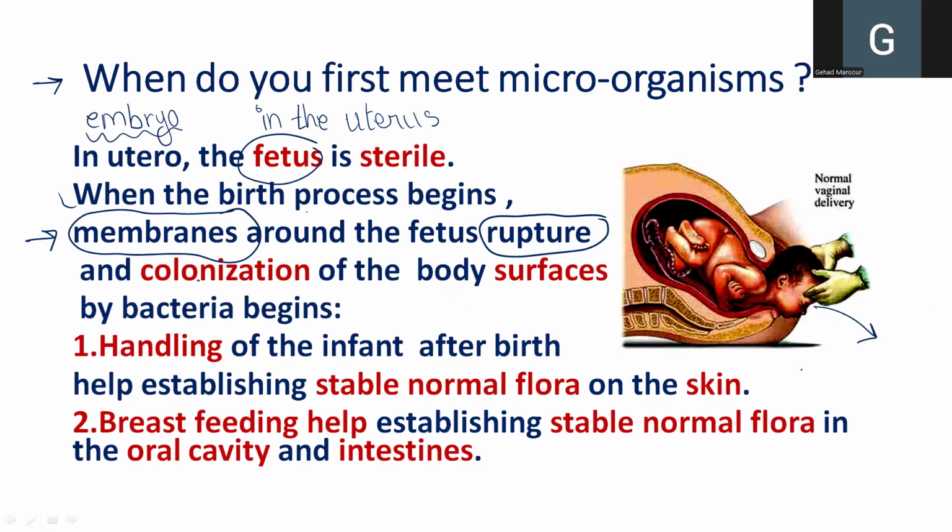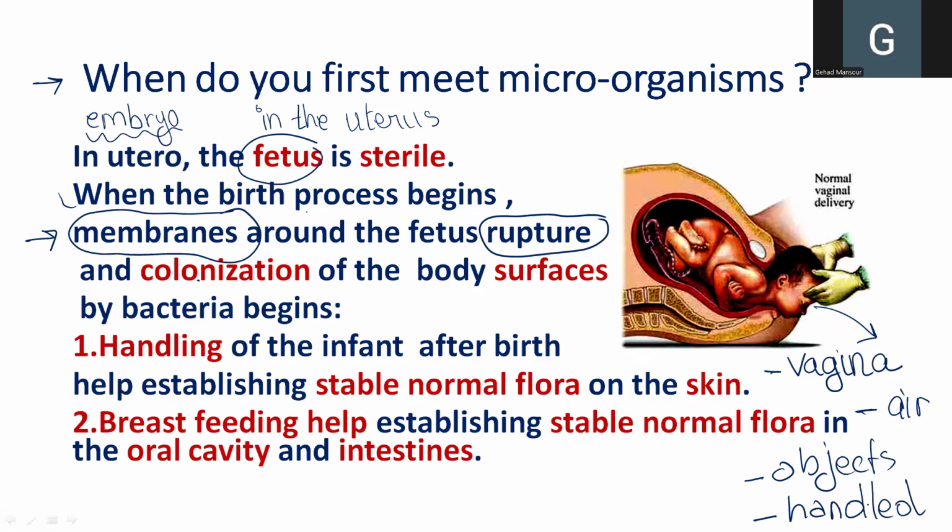As you are delivered outside the body, you first pass through the vagina of the mom, and then you will be exposed to the surrounding air. You will be exposed to the surrounding objects, and you will be handled by the medical staff and by your parents, and then you will start suckling and breastfeeding in case you are breastfed.